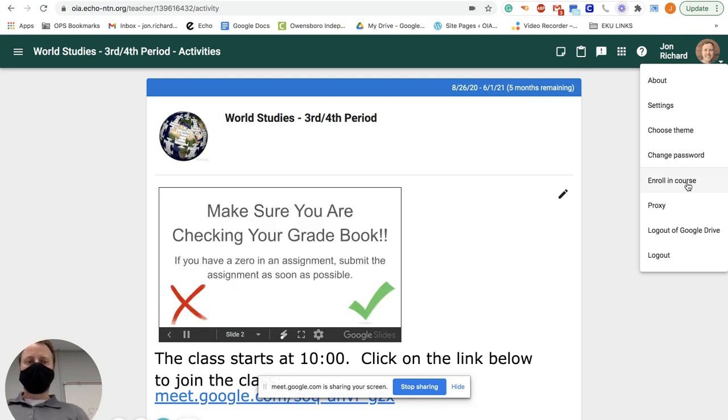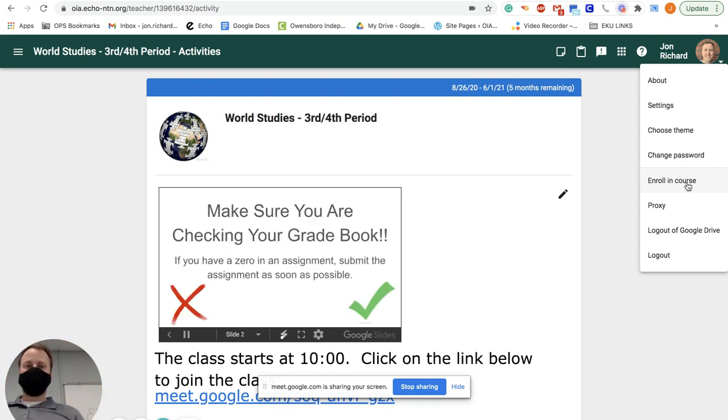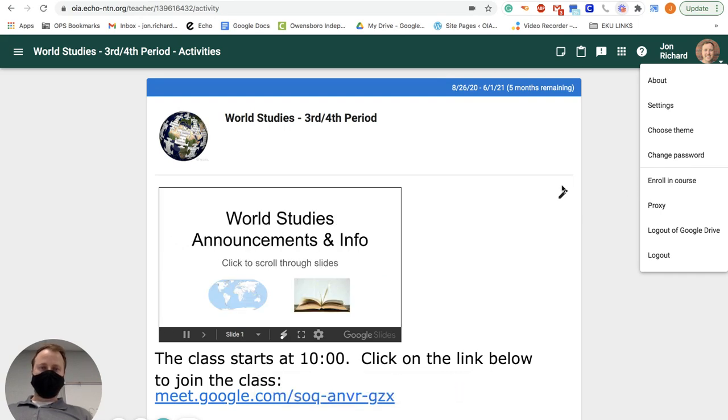Whenever you click on Enroll in Course, it'll come up a little number. You type in R0EN53. And I think those are the only two that you need to get in here and then at home. So make sure you're enrolled in the course.